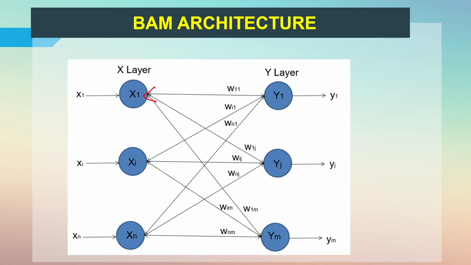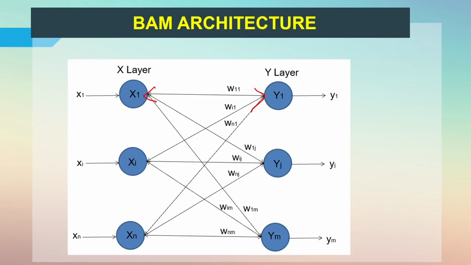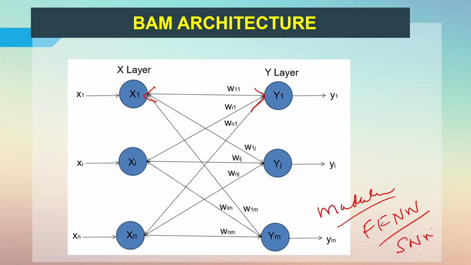BAM architecture, bidirectional associative memory architecture. See the direction, here also an arrow, here also an arrow. This is the most important one. You may say this is a 2-layer feed forward network, and you may treat it as a model like the Madaline model, a shallow neural network.